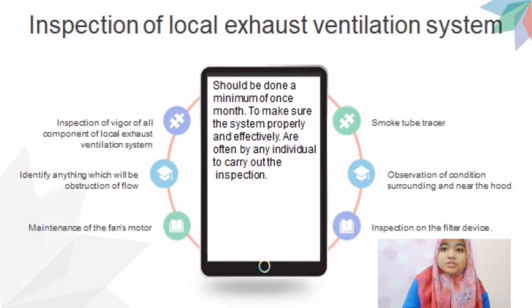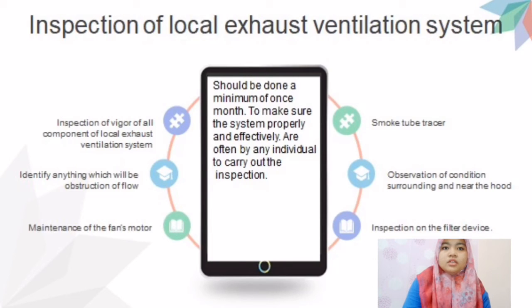Assalamualaikum, my name is Nur Shamini and I will present my part for assignment 1, which is inspection, testing and examination of local exhaust ventilation system. Every local exhaust ventilation system should be inspected, tested and examined at regular intervals to make sure the system works properly and efficiently.